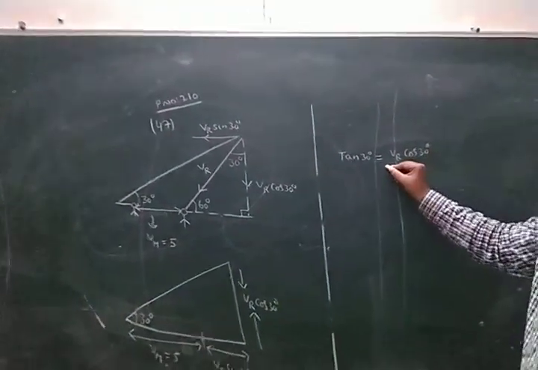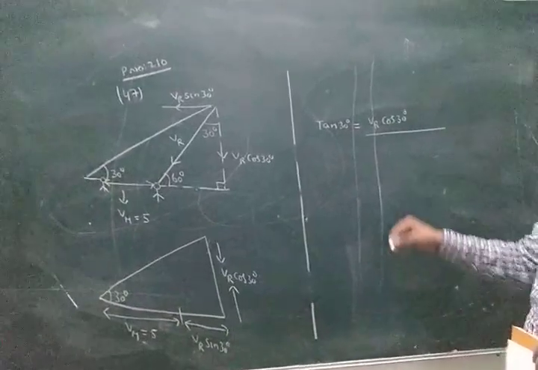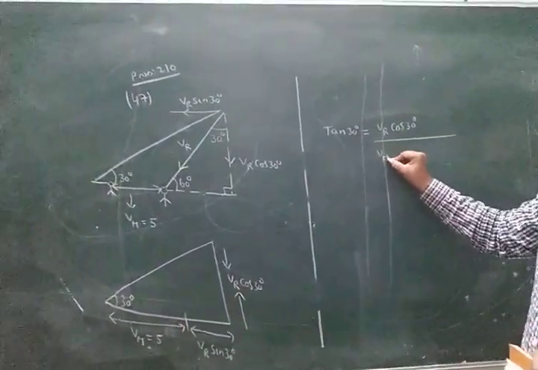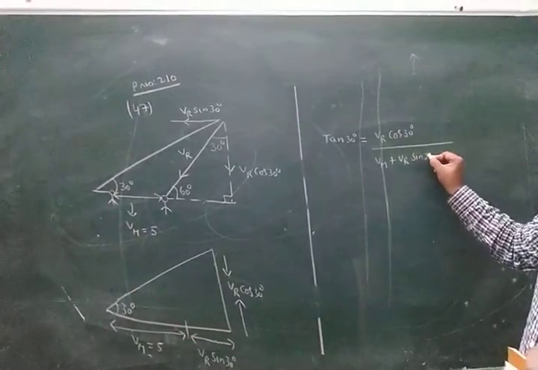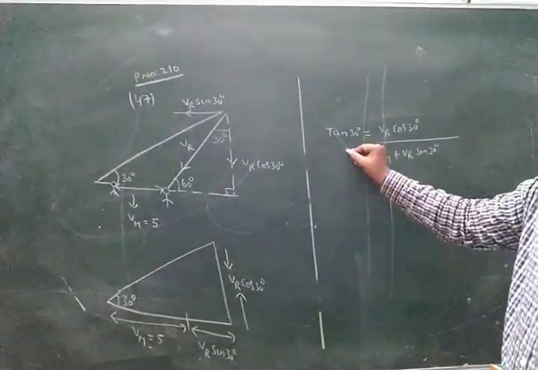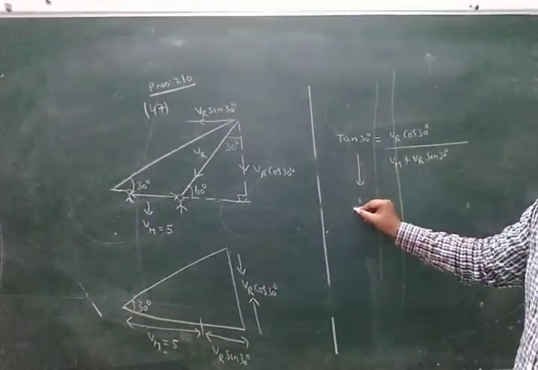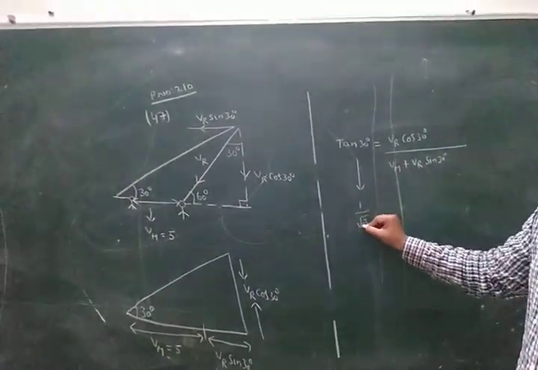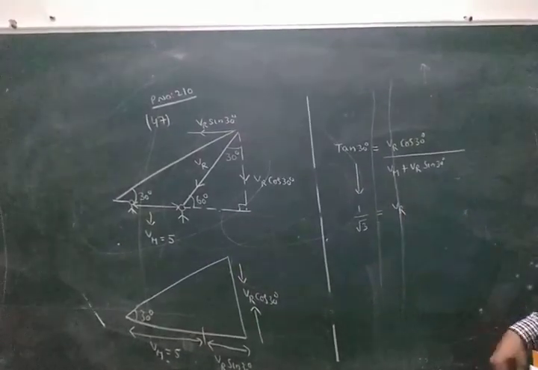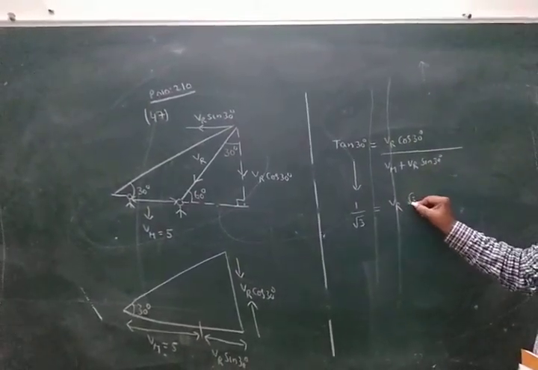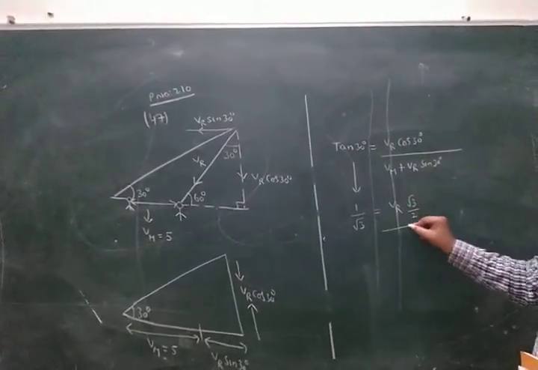What is the adjacent side? Vm plus VR sin 30. Here, tan 30 in mathematics is 1 by root 3. On the right side, VR can be determined. Cos 30 value is root 3 by 2.